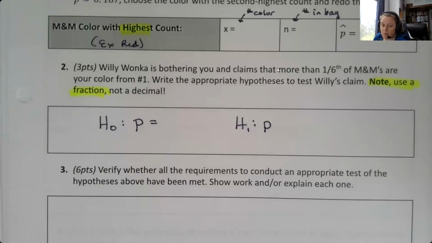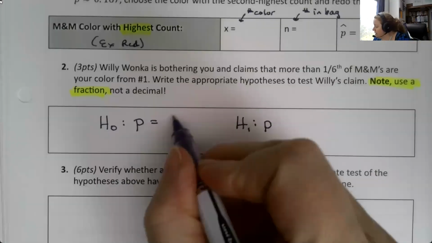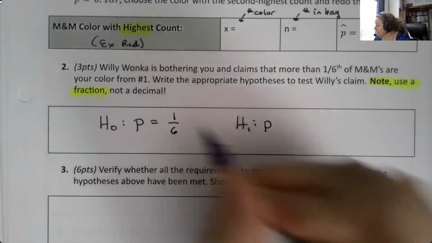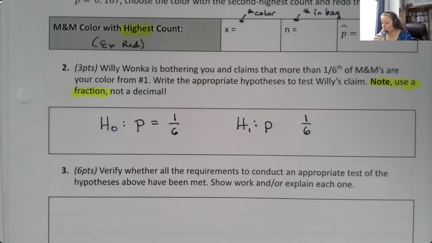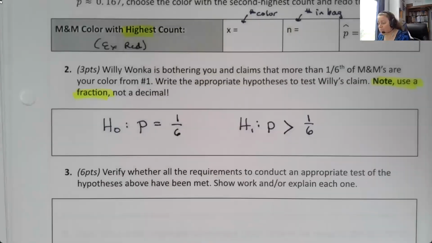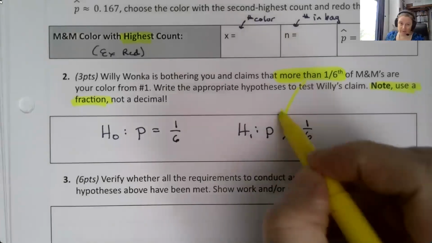Also, what direction are we going for the alternative? So it's going to be 1/6 here, 1/6 here. What's your direction? Yeah, Jace, it's this. Sorry, I need to take a drink. So it's right here. See that? That's where that comes from.